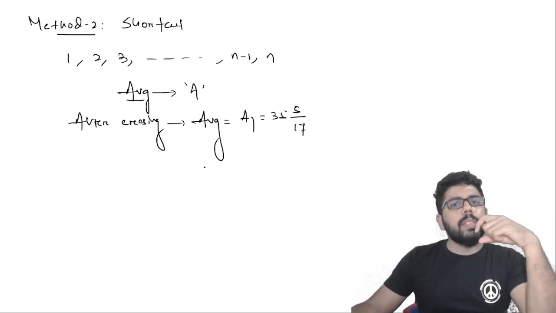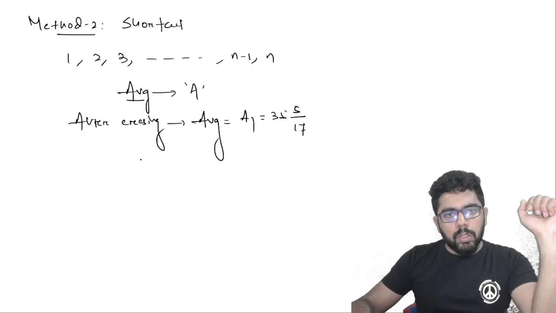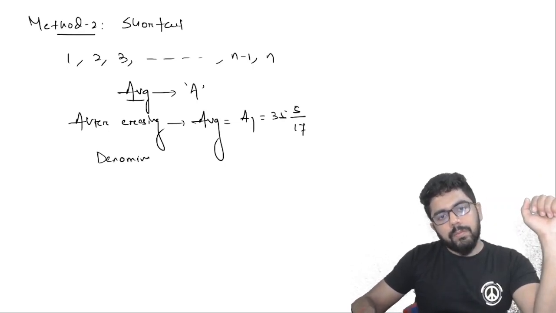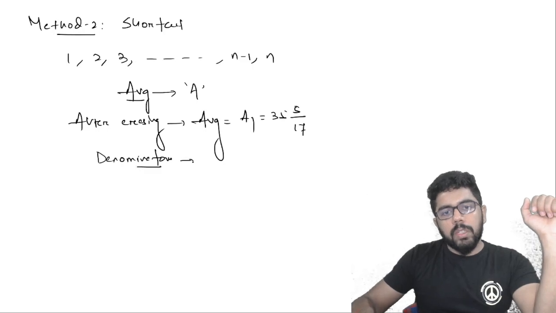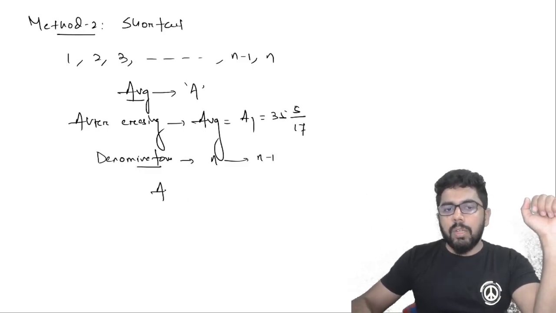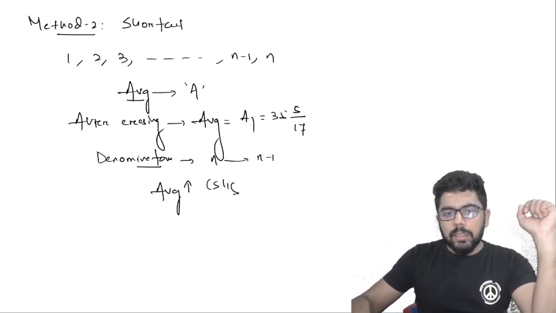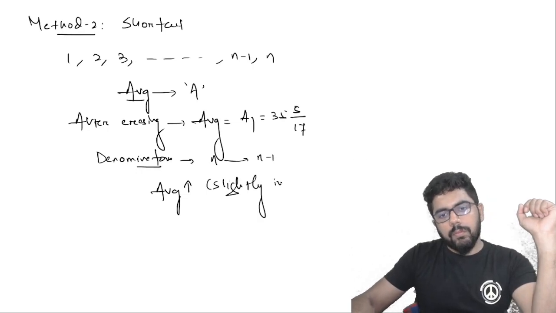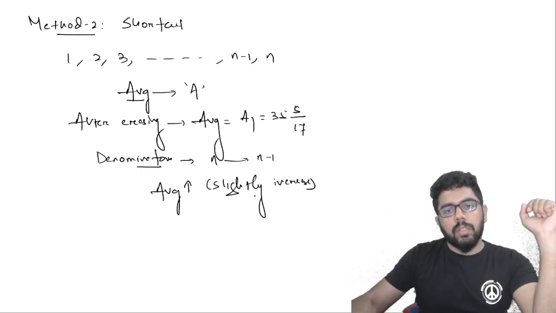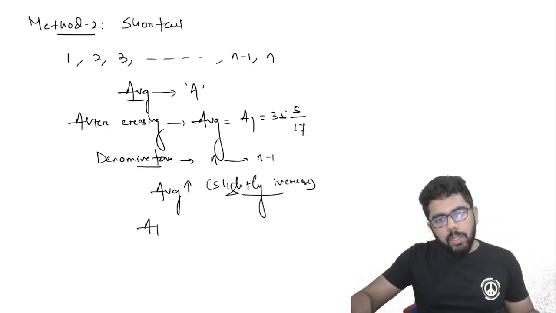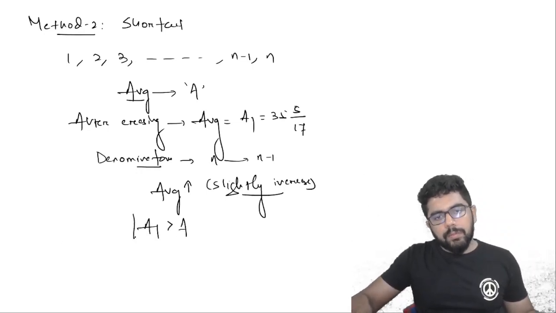Because I have erased one number, the denominator has reduced from n to n minus 1. So the average will slightly increase, and that means A1 will be slightly greater than A.